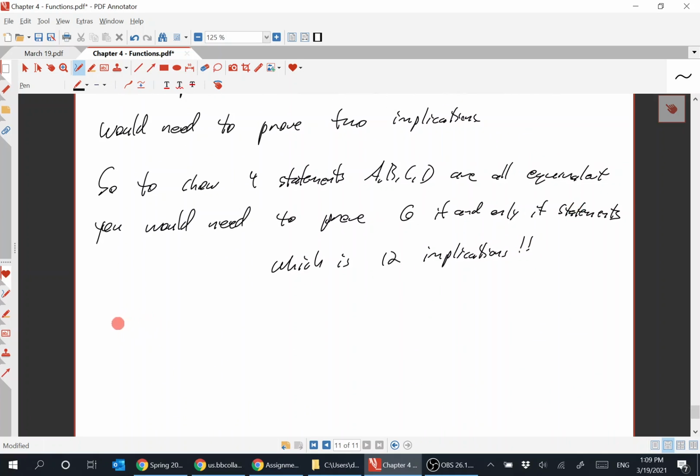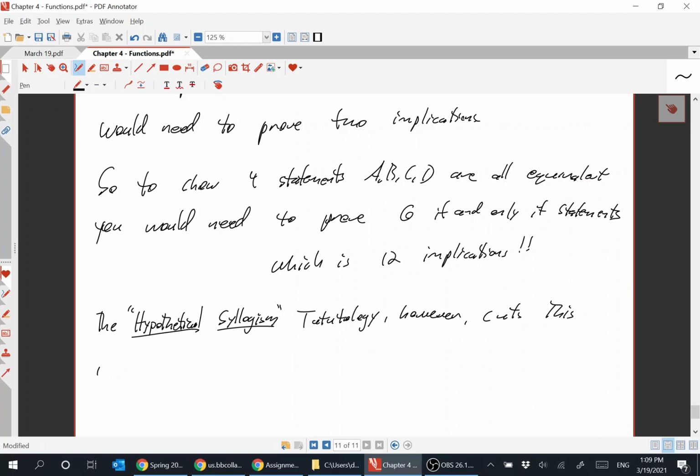So in actuality, however, it's much less than this. The hypothetical syllogism tautology, however, cuts this down to 4 at the very most, sorry, at best, by proving the following implication statements.